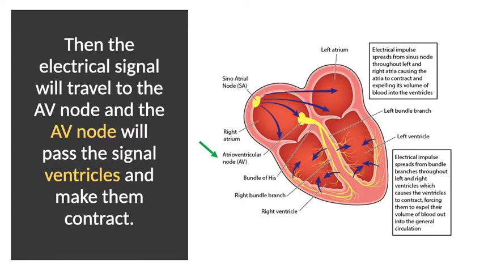Actually there is a time gap between the signal traveling through the atria wall compared to the time for the signal to travel through the wall of the ventricle. That explains why the atria contract first, and then after a certain time, the ventricle will start to contract.